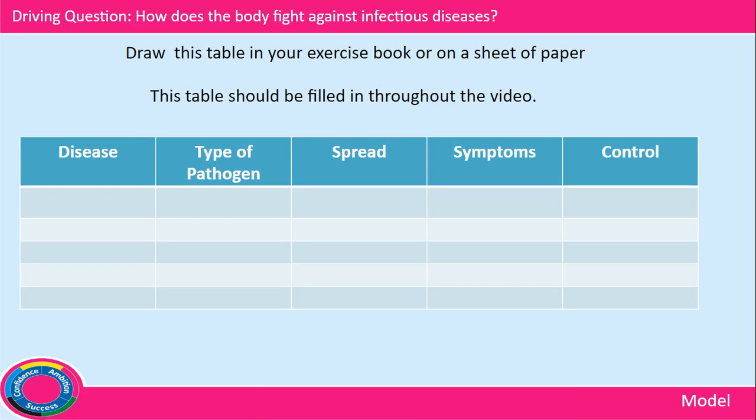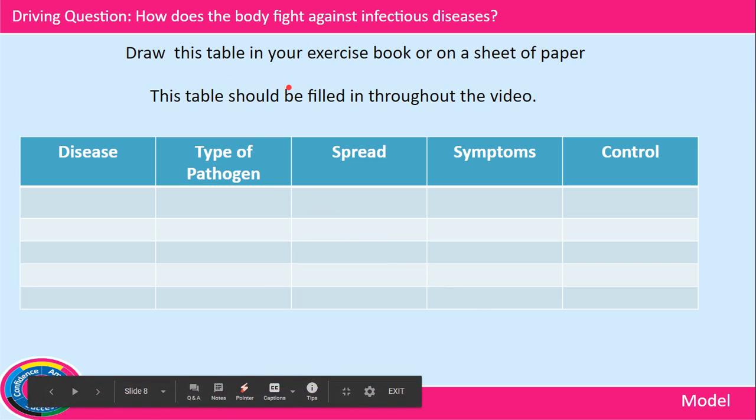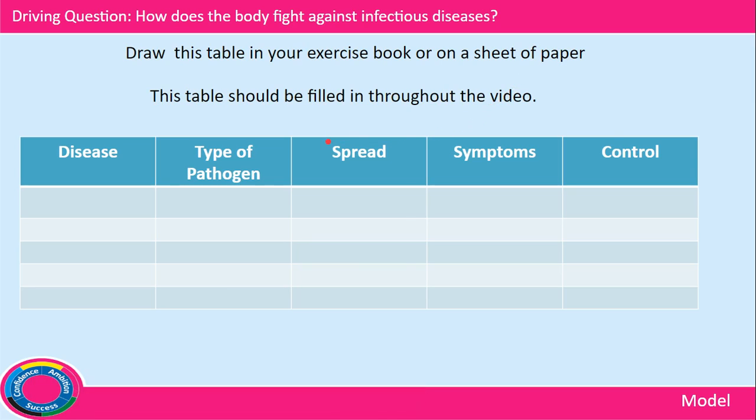So, I'm going to ask you to draw this table in your exercise book or on your sheet of paper. I will be showing you visual aids throughout this lesson. That's going to provide hints for you to fill in your table.